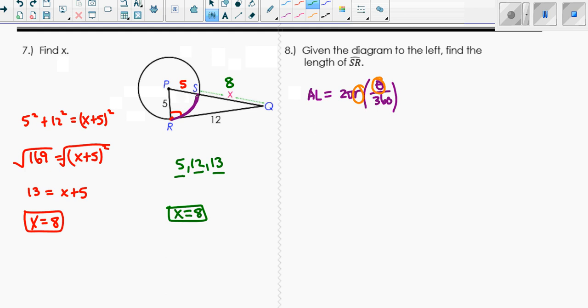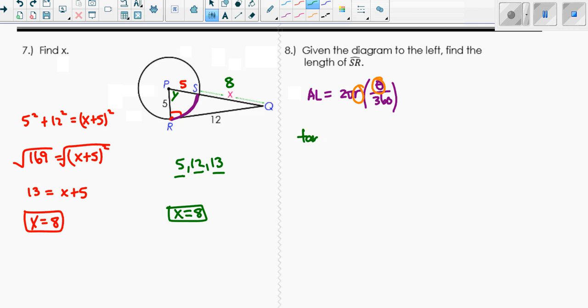My angle, my theta, I don't know what this arc measure is, but if I figure out what, let's call this y, it's a central angle, so if that's 30, then my arc measure is 30. Now this goes back to trig, so I can figure out what that angle is. You can use sine, cosine, or tangent. It doesn't matter, I'm going to use tangent.